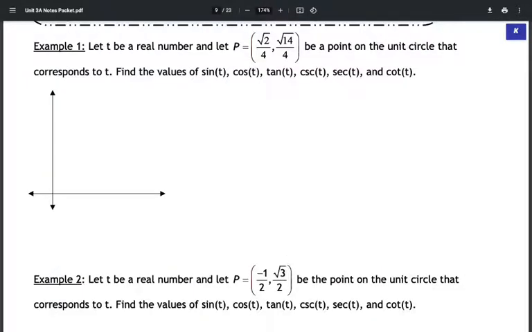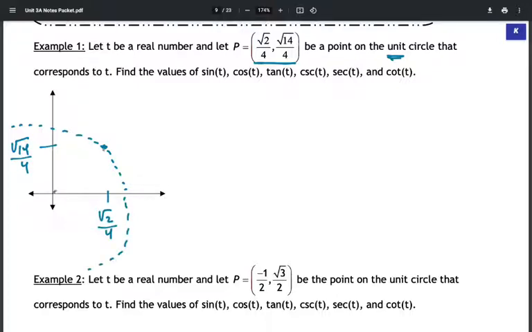Okay, so on this particular example, we have an ordered pair that's going to be on our unit circle. So the x value is square root of 2 over 4. The y value is square root of 14 over 4. And so that's a point on your unit circle. So you're just kind of envisioning a unit circle. I'm not drawing that very well.